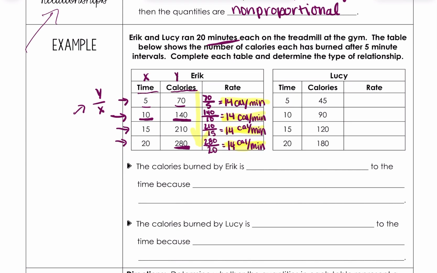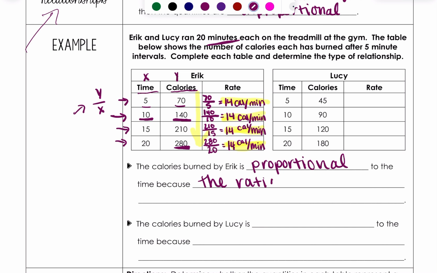So when I go to the bottom and look for Eric's information, what I'm going to write here is the calories burned by Eric is proportional to the time because the ratio, and you can pick any ratio that we have at the top.